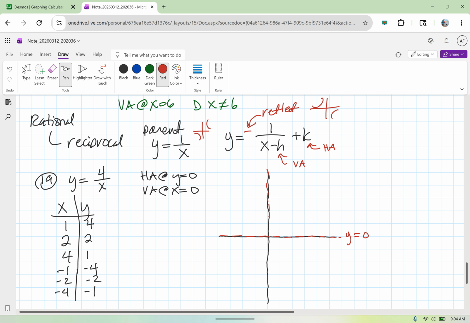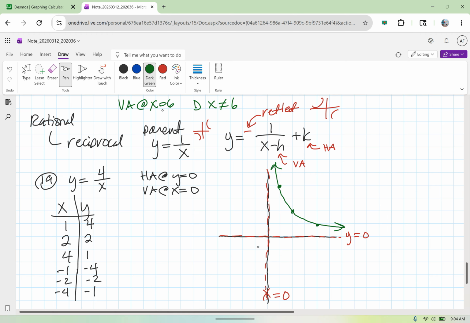Asymptotes equals 0. And my graph points, 1, 4, 2, 2, 4, 1. I'm looking for the points of my curve, 2 and 2, 4 and 1. And now I can draw in that curve.